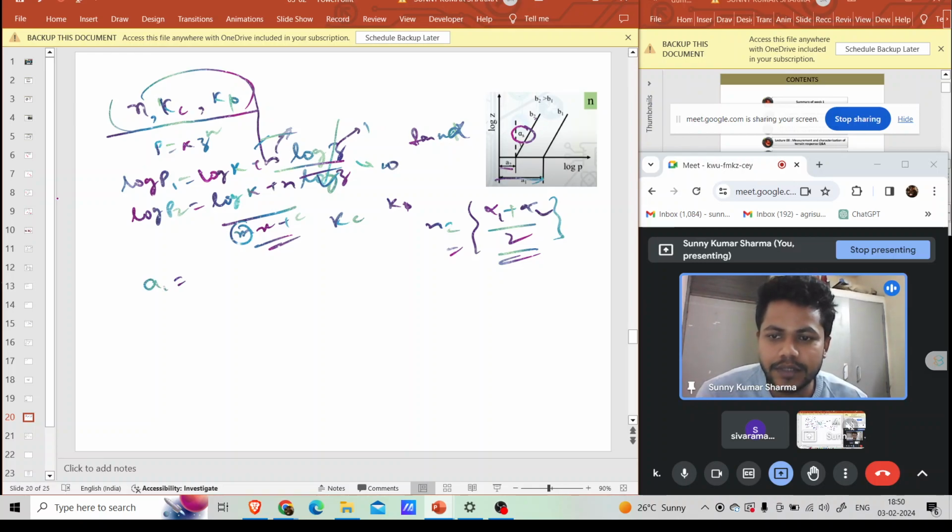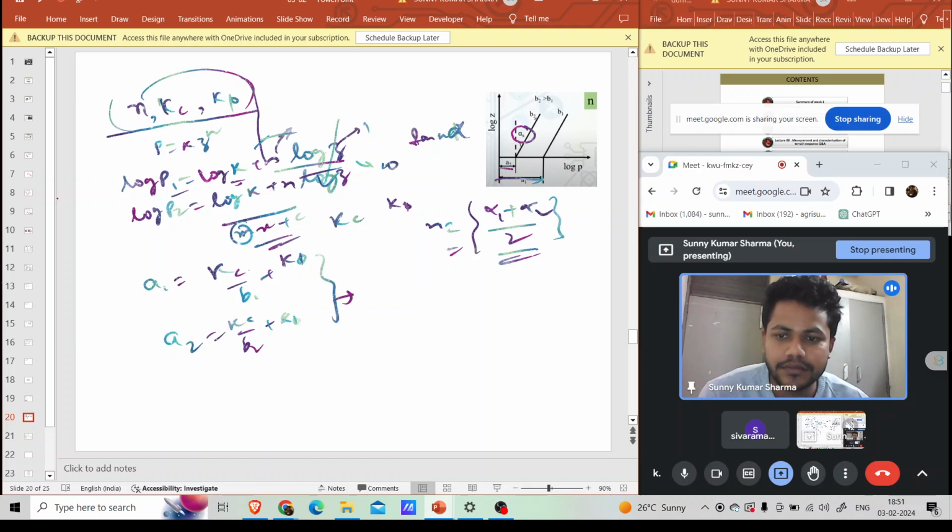So at z equal to 1, A1 is Kc by b1 plus Kphi, and A2 is Kc by b2 plus Kphi.